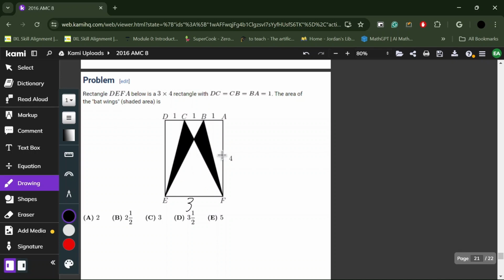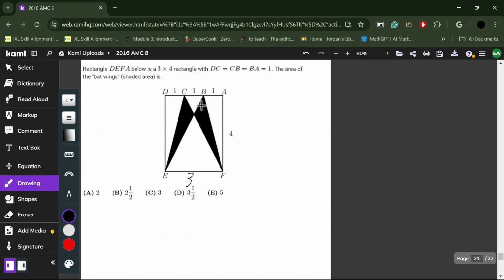The best way to solve this is to find the area of the entire thing and subtract these triangles that are white to find the area of the black bat wings. So we can do 12 minus, and we have to find this. We know this is 4, so the area of this is 2, and so is this, right? These two are both 2.